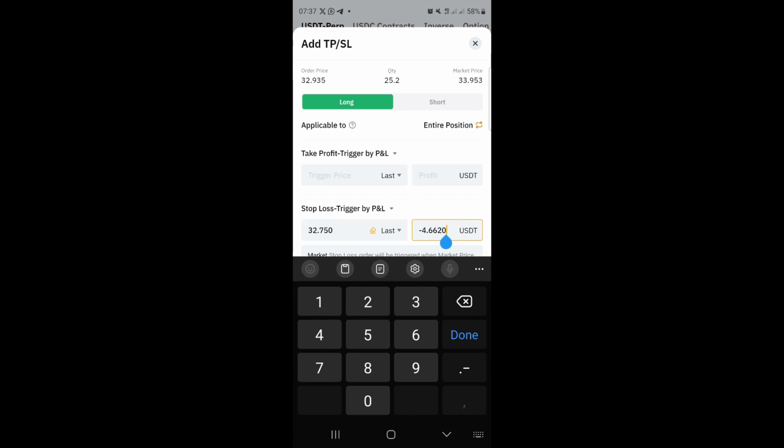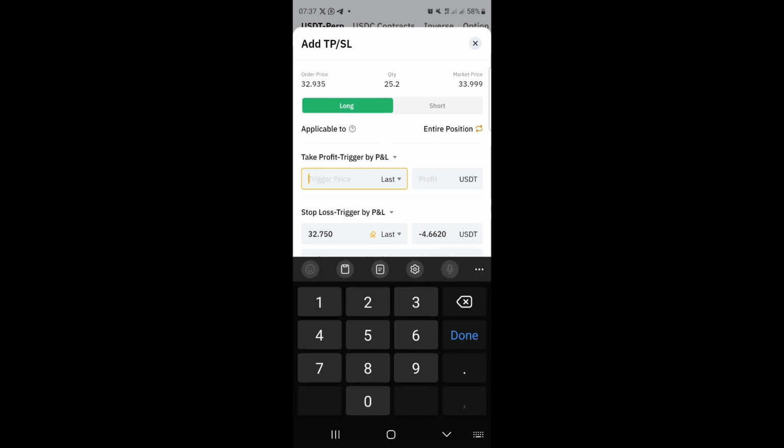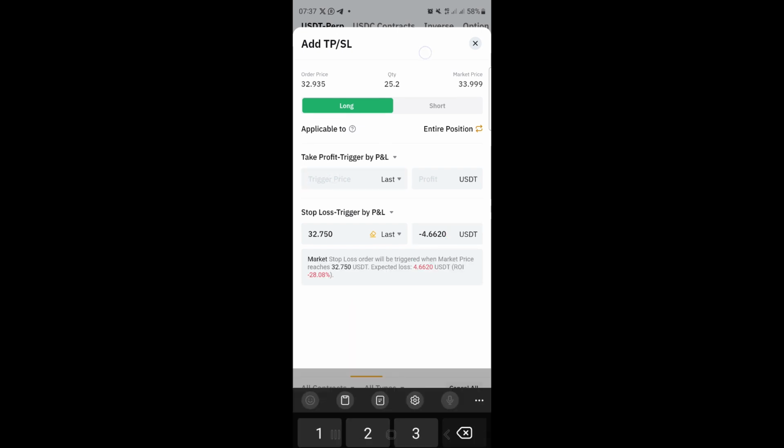You understand? Because I have done my risk management well and it's very tight. I make sure that I don't lose more than $5, or maybe even less than $5, but it will never be more than $5 because of the risk management I did. So it's the same process. You just reverse it, then put in your take profit and every other thing.